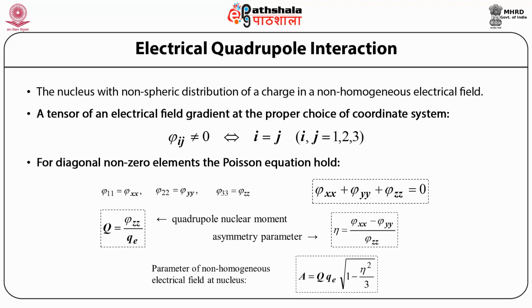If there is only a monopole interaction, then there is only one peak. But if there is quadrupole interaction, then this single peak splits into a doublet, whereas the ground state remains a singlet and the excited state splits into two levels, with a well-defined energy difference between them.